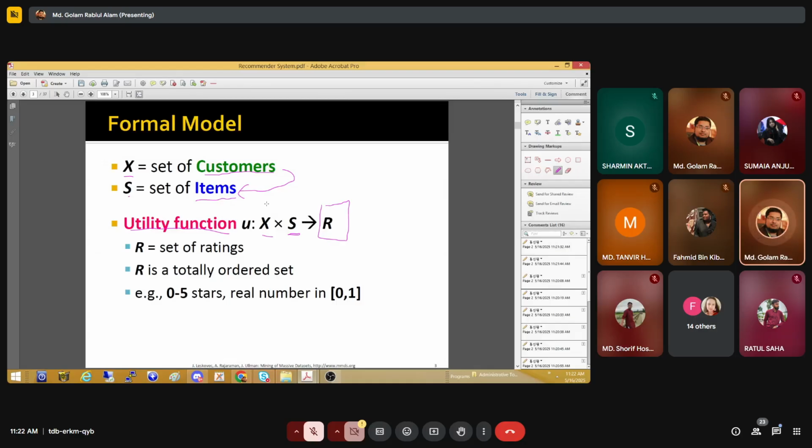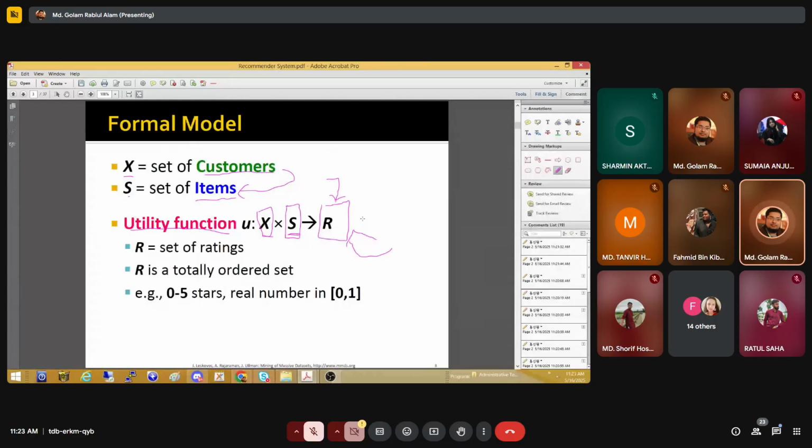Say X is one user, A, and S is one item, maybe the book Harry Potter 1. What will be the predicted rating of that user on that book? If the predicted rating is high, then we can recommend it to that user.